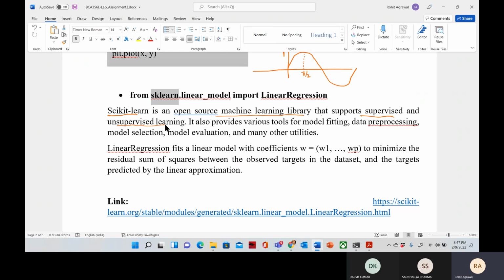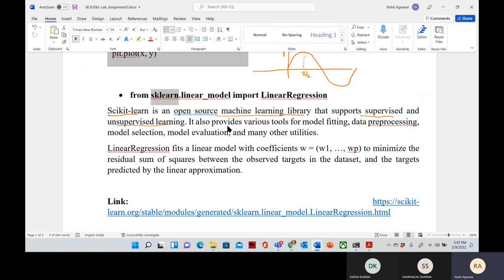So whatever we are discussing in the class, supervised, unsupervised, and after that regression, all these things will be available in this sklearn.